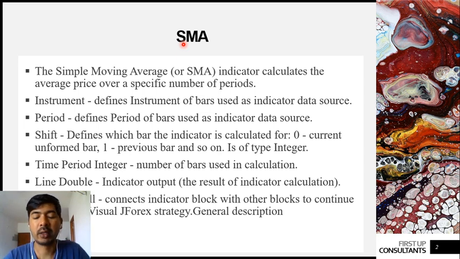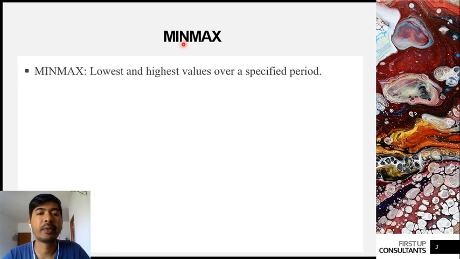We will be utilizing the simple moving average to see whether the trend is bullish or bearish, and also we are going to create a price band so that the trades will be executed only when the price is within the territory which we are going to define, that is 10 pips on either side of the SMA. MinMax will also be utilized to see that there is enough volatility, enough momentum in the price, so that we trade only when the market is in a mood to make some moves rather than staying idle.